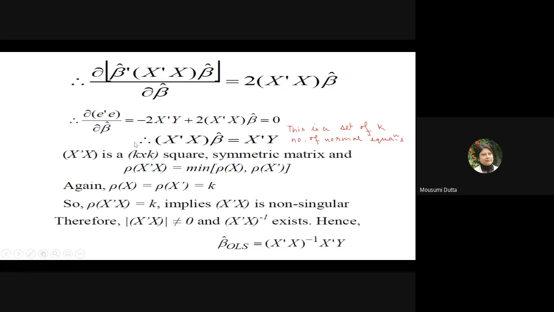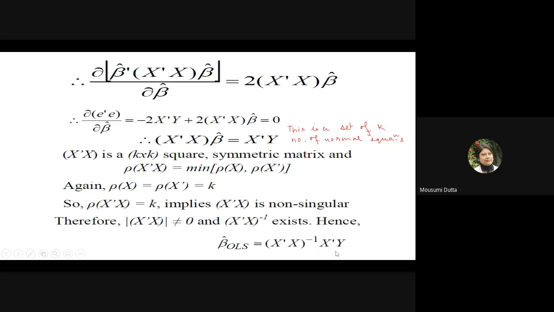In other words, we are pre-multiplying the left-hand side with x prime x inverse, and naturally we have to pre-multiply x prime y, that is the element we have in the right-hand side, with the same element, that is x prime x inverse. So, if I do so, I am getting beta hat OLS is equal to x prime x inverse x prime y.